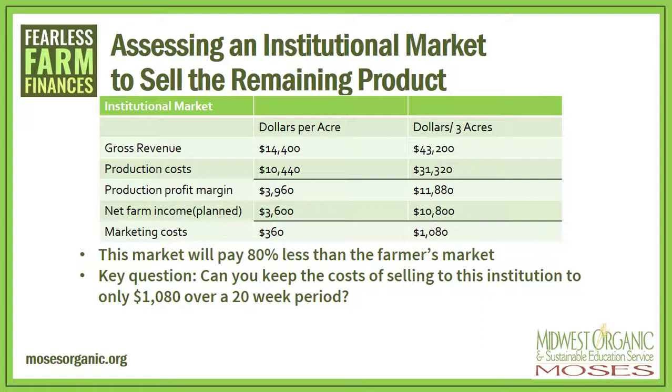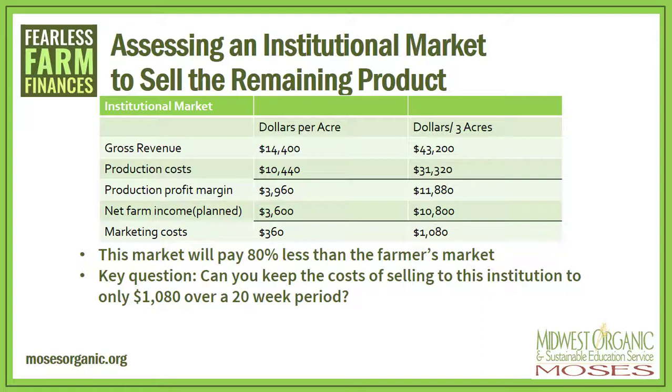Changes to the estimates for gross revenue, percentage of production costs to gross revenue, and marketing cost allowance need to be made for this kind of new market since it will probably require a different pricing strategy. An institutional market will pay a lower price yet. So we're going to estimate to bring in 20% lower gross revenues because we know it's an institutional market.